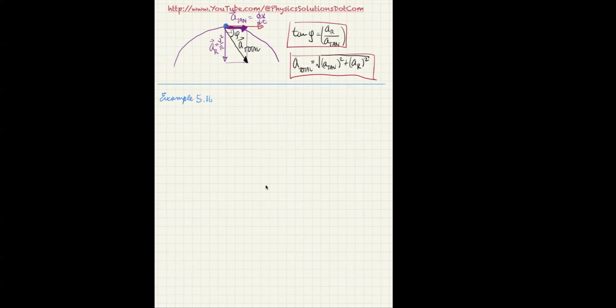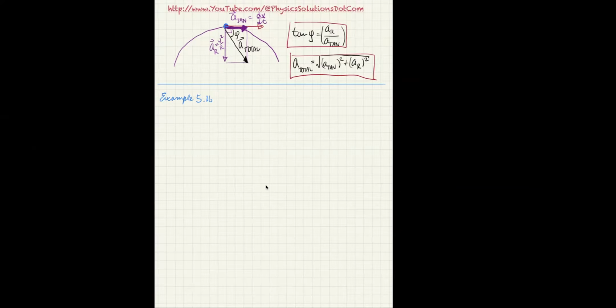So example 5.16 says two components of acceleration. A race car starts from rest and accelerates at a uniform rate to a speed of 35 meters per second in 11 seconds, moving on a circular track of radius 250 meters. Assuming constant tangential acceleration, find A, the tangential acceleration, and B, the radial acceleration at the instant when the speed is v equals 15 meters per second.